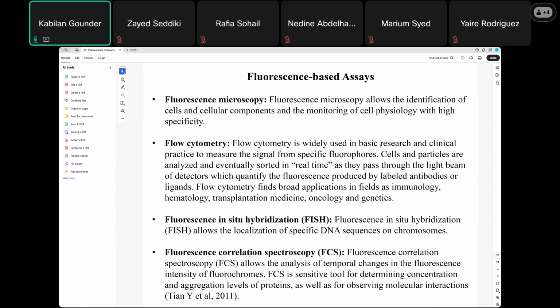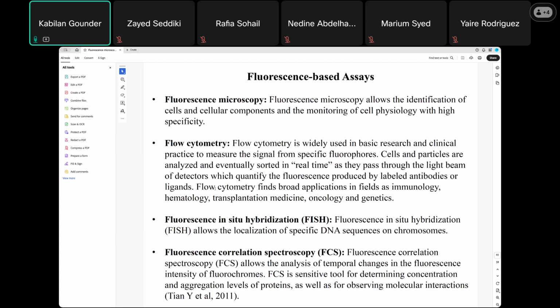Cells and particles are analyzed and eventually sorted in real time as they pass through the light beam of detectors, which quantify the fluorescence produced by labeling antibodies or ligands. This technique has broad application in many fields like immunology, hematology, transplantation medicine, oncology, and genetics.